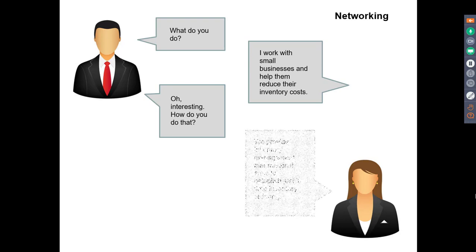Now you've already said your value proposition, so you can start to talk about your product. We provide inventory management software, and that makes it easy to establish just-in-time inventory ordering. So you're getting into product and feature details, and that's one way to use it.